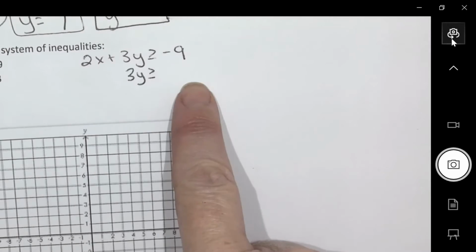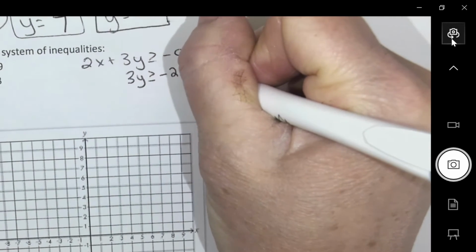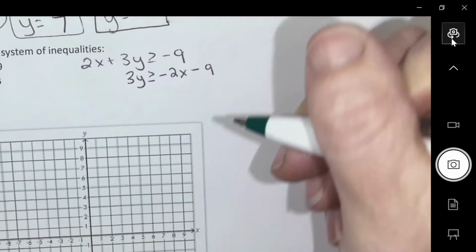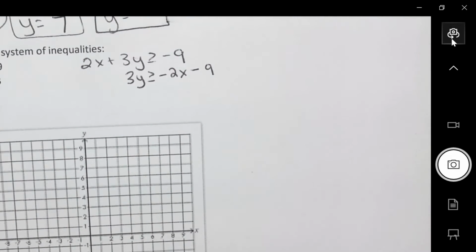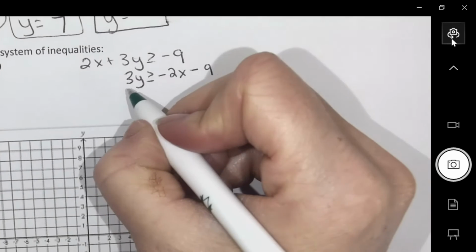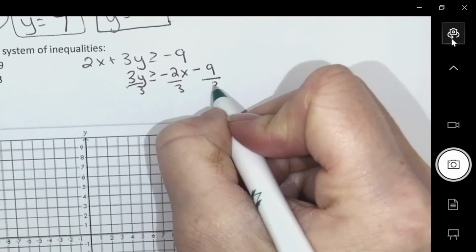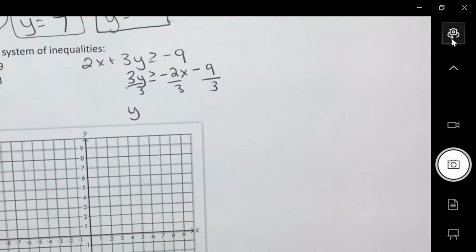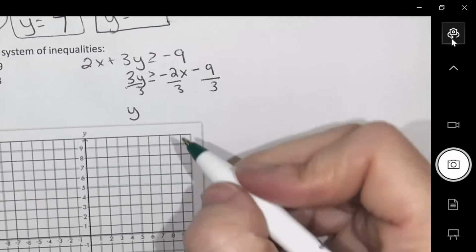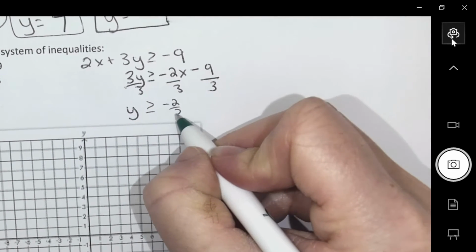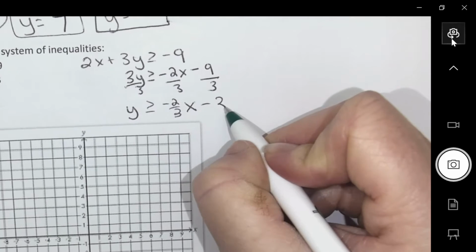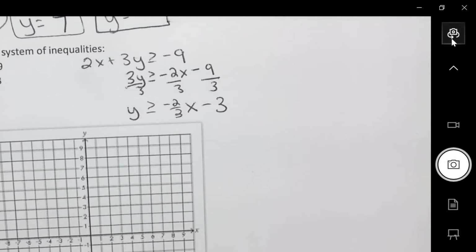I'm going to move the x, so -2x minus 9. Are we okay with that? I just moved the x. Now, algebraically, I'm going to divide everything by 3. And the 2/3 part I'm going to leave as a fraction, and then I can divide.